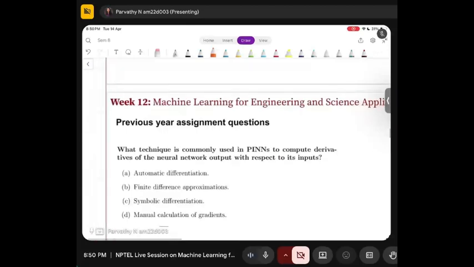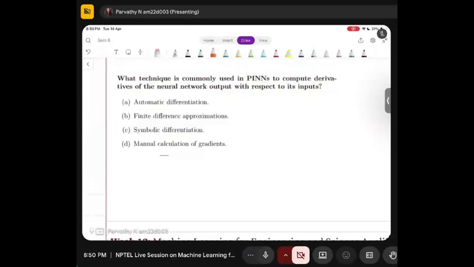What technique is commonly used in PINNs to compute the derivatives of neural network output with respect to its input? Automatic differentiation, finite difference approximation, symbolic differentiation, manual calculation of gradient.